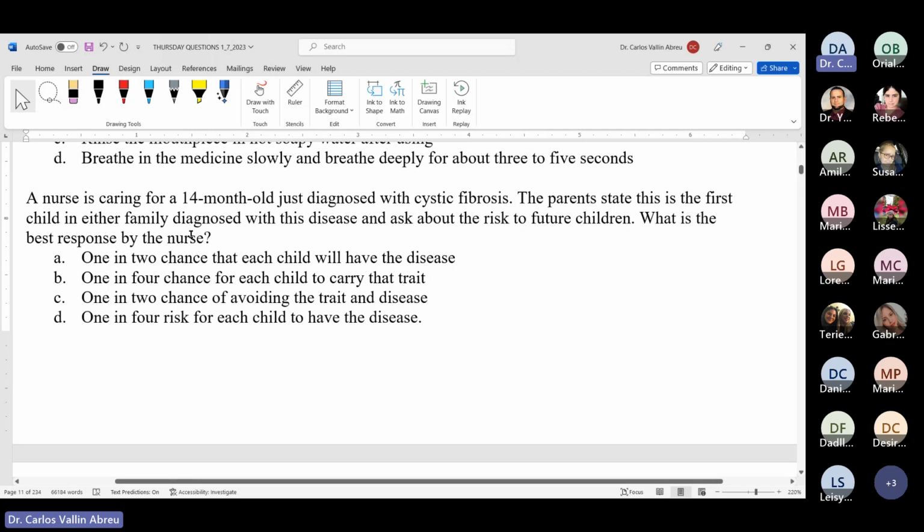What is the best response of the nurse? 1 in 2 chance that each child will have the disease. 1 in 4 chance for each child to carry the trait. 1 in 2 chance of avoiding the trait and disease. 1 in 4 risk for each child to have the disease.